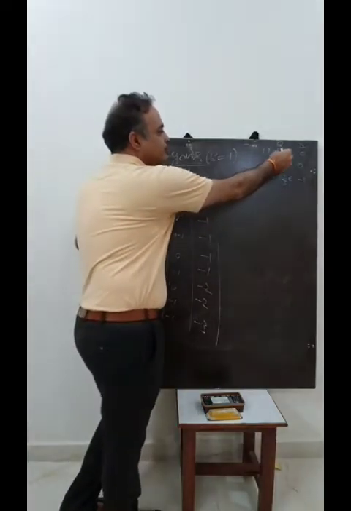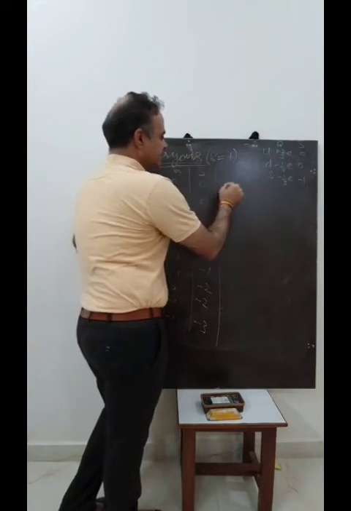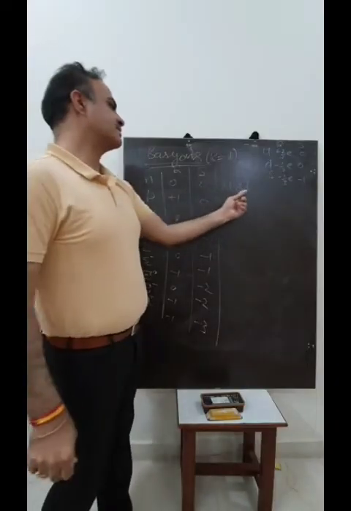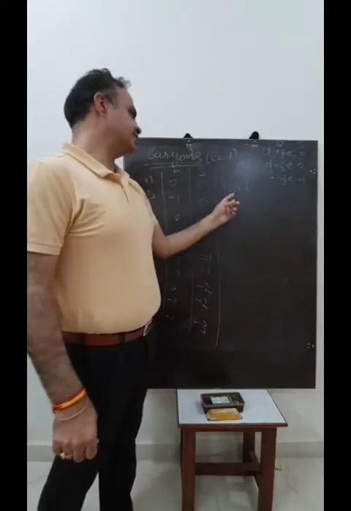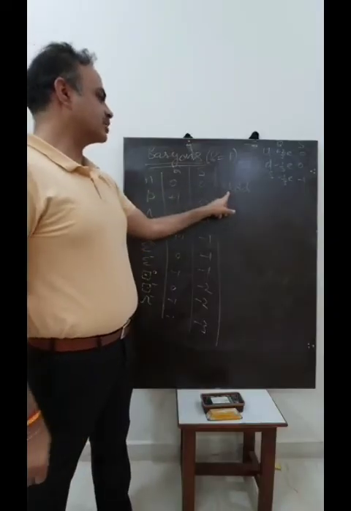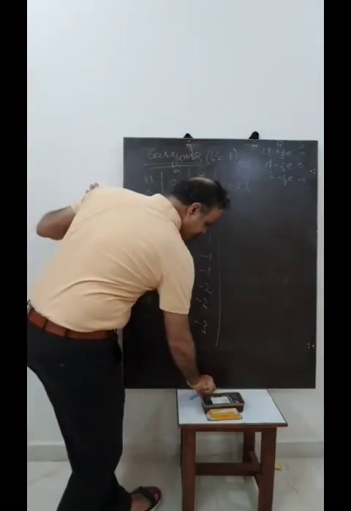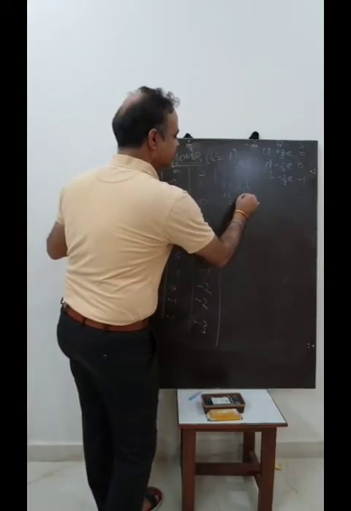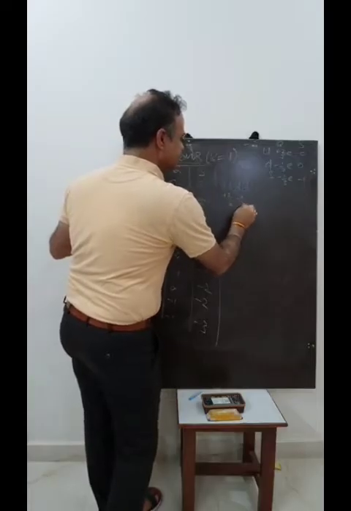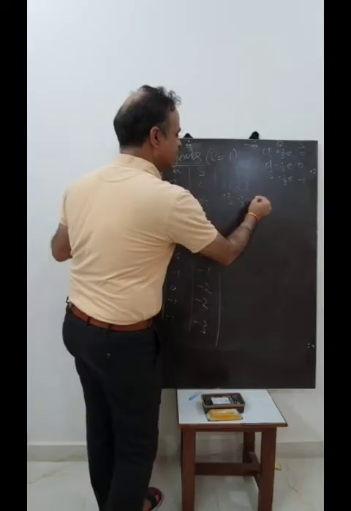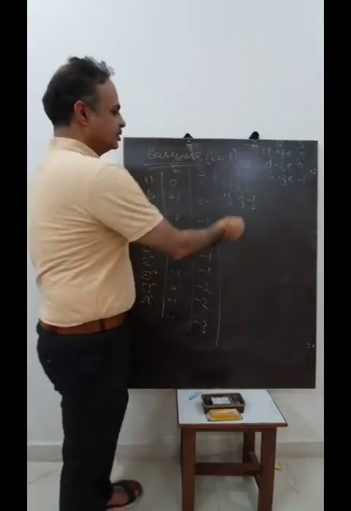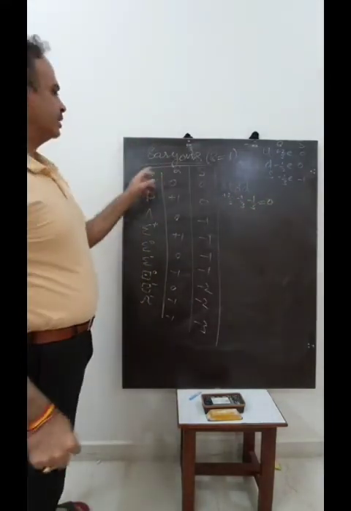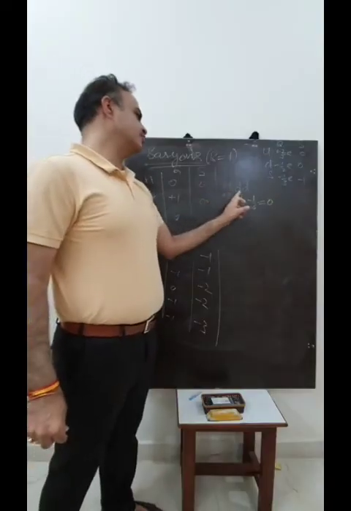U has plus 2 by 3 charge, so if I write U, D, D, they all have S equal to 0, meaning strangeness is 0. U has charge plus 2 by 3, and each D has minus 1 by 3 e, where e is the charge of electron. So that is minus 2 by 3 and plus 2 by 3, total charge is 0. So neutron can be represented as UDD.